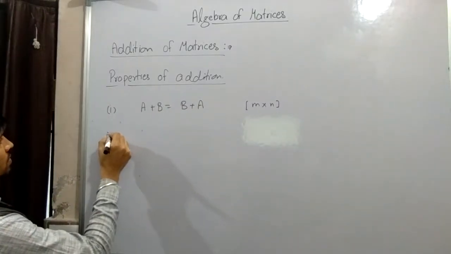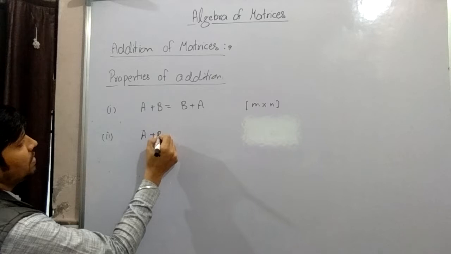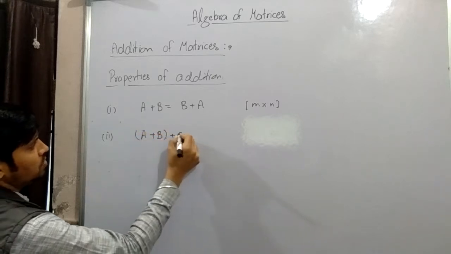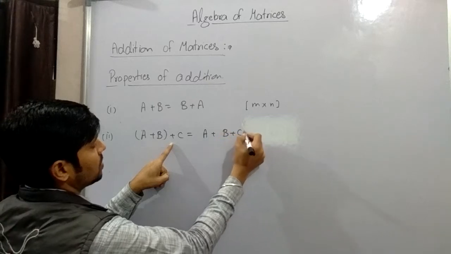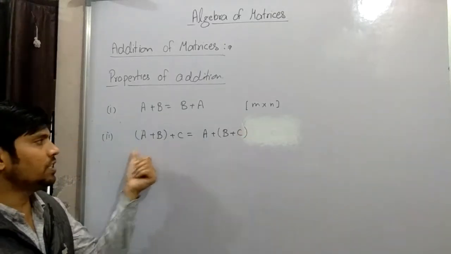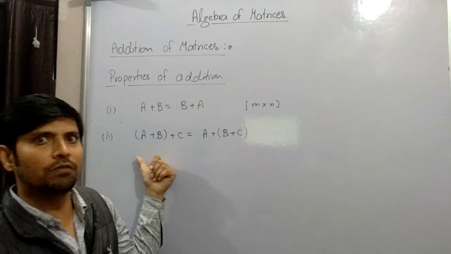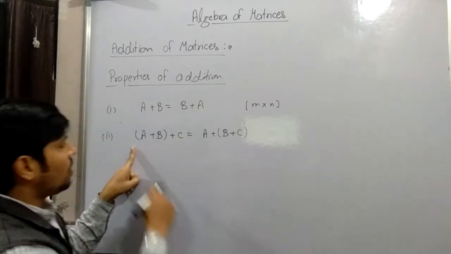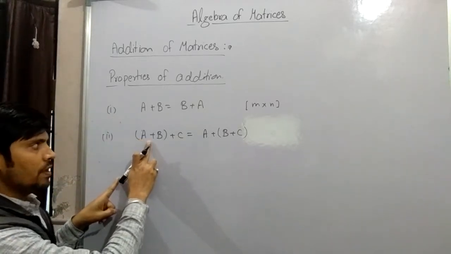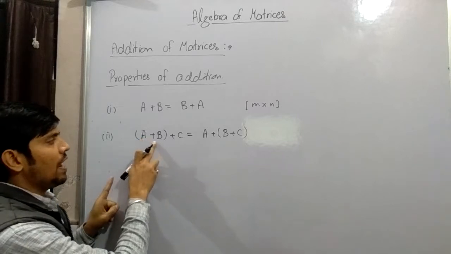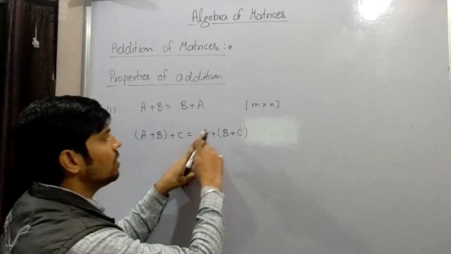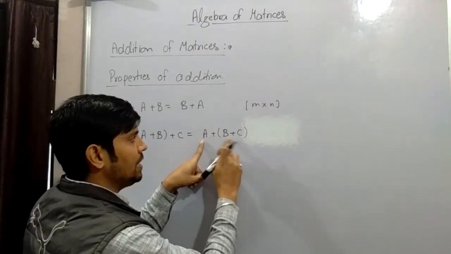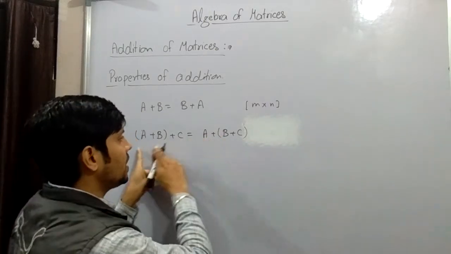The second property: if we have three matrices of the same order, then A plus B plus C equals A plus B plus C, grouped either way. Since the order of all the matrices is the same, if we add A and B, then we add C, or we add B and C, then we add A, it remains the same.